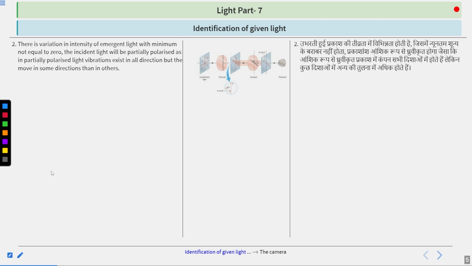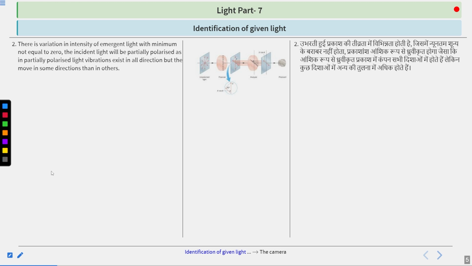Second case, there is variation in intensity of emergent light with minimum not equal to 0. The incident light will be partially polarized, as in partially polarized light vibrations exist in all directions but more in some directions than in others.